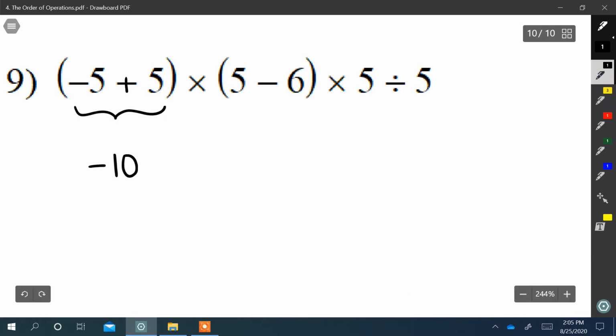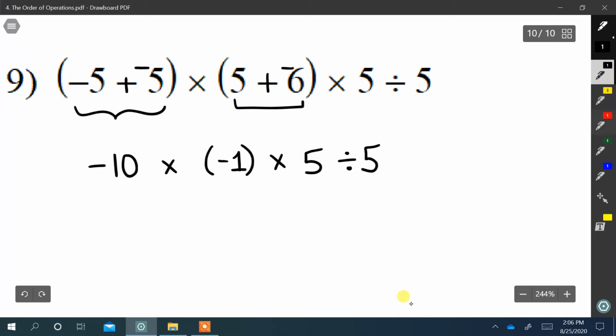Remember that I put this one as a positive and this one turns into a negative. Times, we've got 5 minus 6. If we turn this one into a positive and this one into a negative, you will quickly realize that it's negative 1. Times 5 divided by 5.